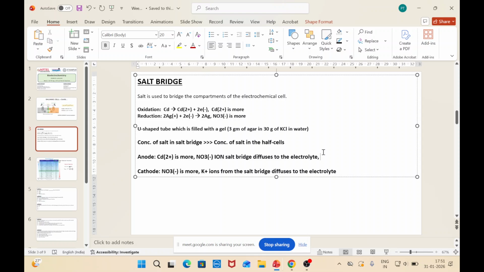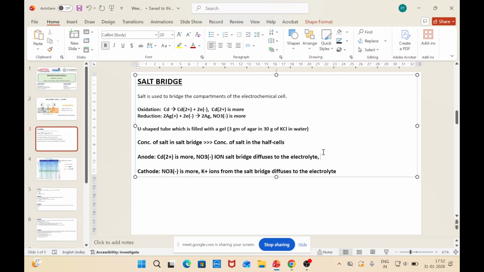If you have a very dilute salt concentration within the salt bridge, then those will not be sufficient to bring down the offsets in the charges created during the electrochemical redox reactions. So that is one of the reasons why the concentration of the salt in the salt bridge needs to be high.